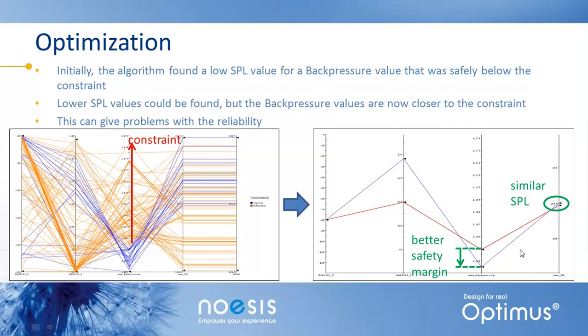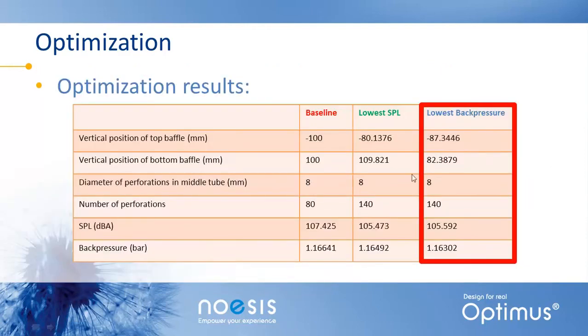This blue curve is in fact having a similar SPL as the red one, but the back pressure is lower. Thus, the design is better. By comparing this, we see that it is confirmed by the numerical details. The SPLs are the same, but with a slightly lower back pressure.